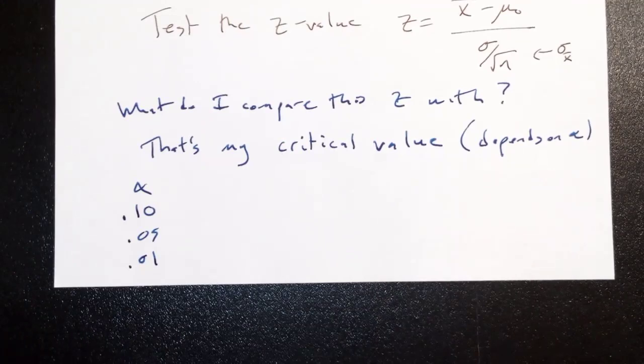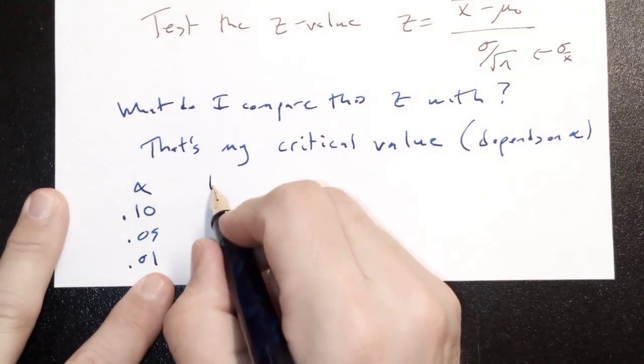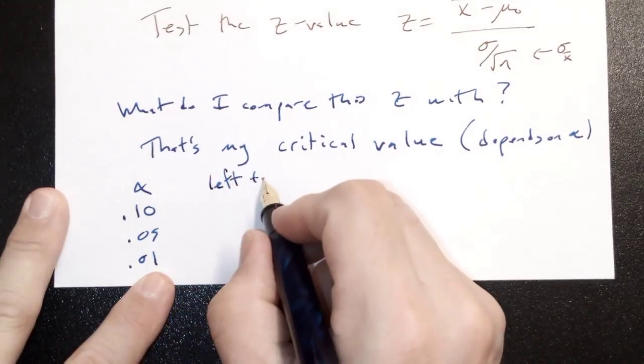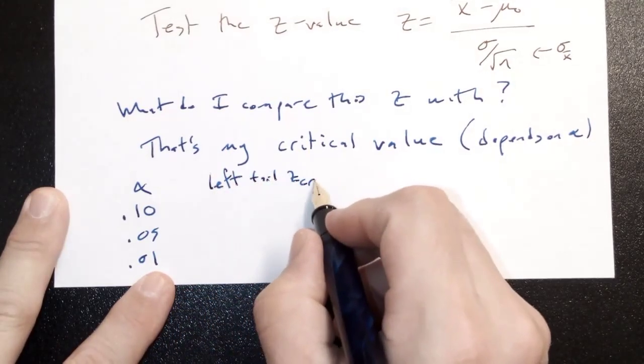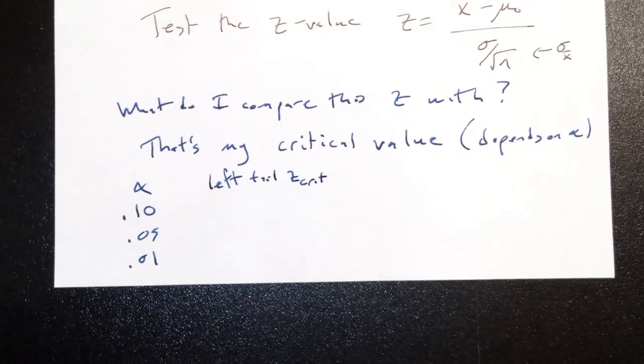If I say my alpha is 10%, then I'm looking at a 90% confidence. If I was doing a left tail only, I want to know what the 10% mark was. I'm going to call that the left tail critical Z. I'll write it Z crit.